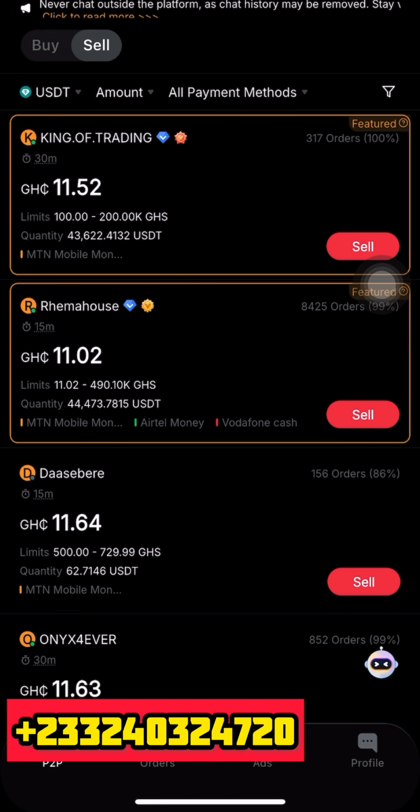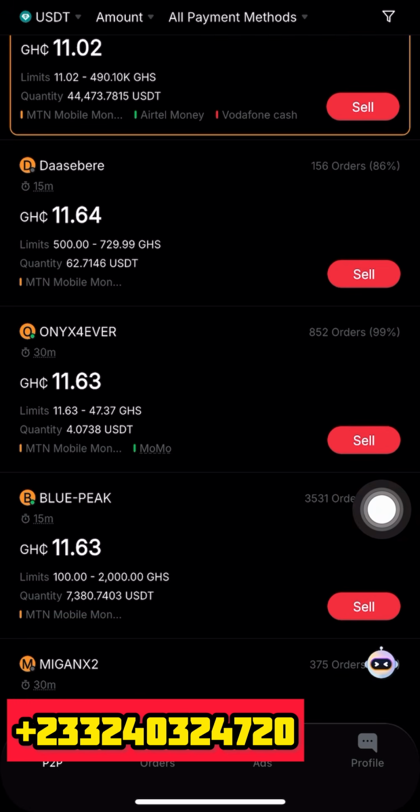If I come to my P2P here, you can see the sell side. If you sell USDT to this person, you'll be getting 11.63 for one USDT.